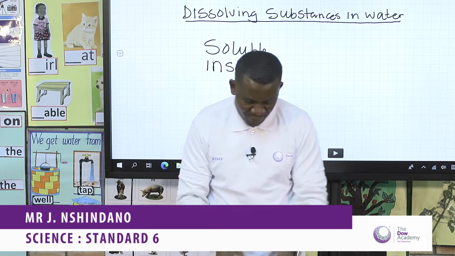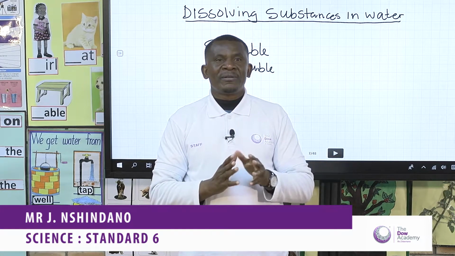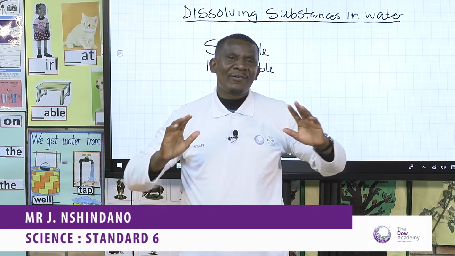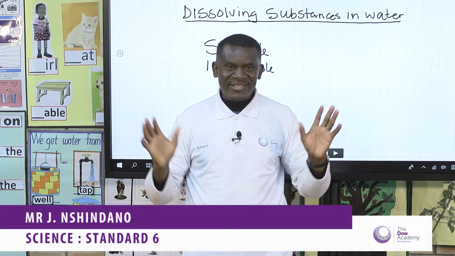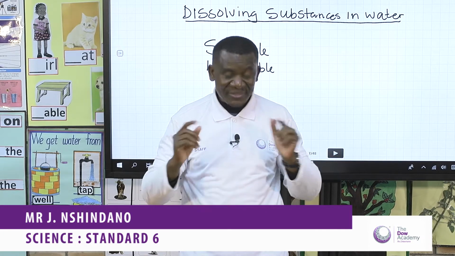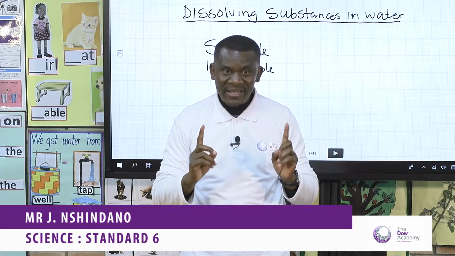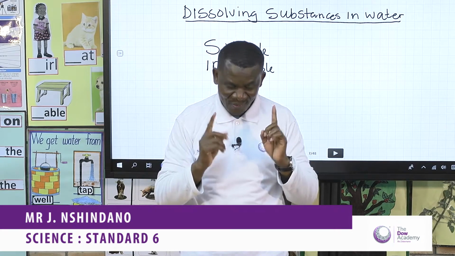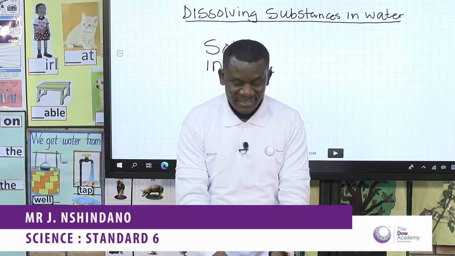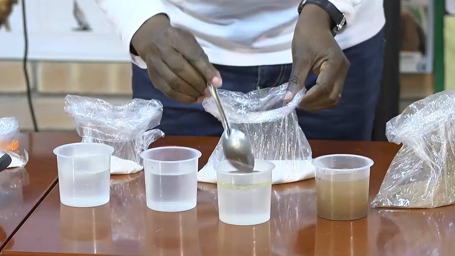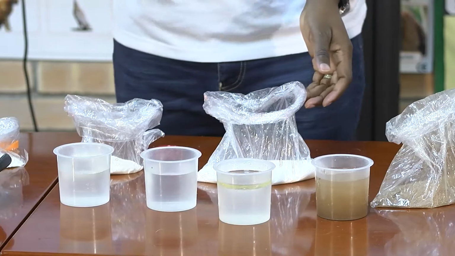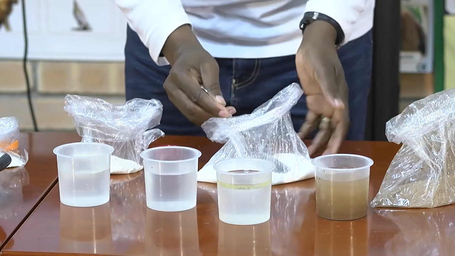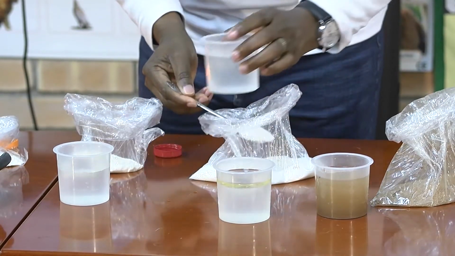I have sugar, the best thing in our homes. Some of us, we like sugar so much, but it is not good for your teeth. You know why? Your teeth will get rotten. Right. I'm going to use sugar and put in the third container.